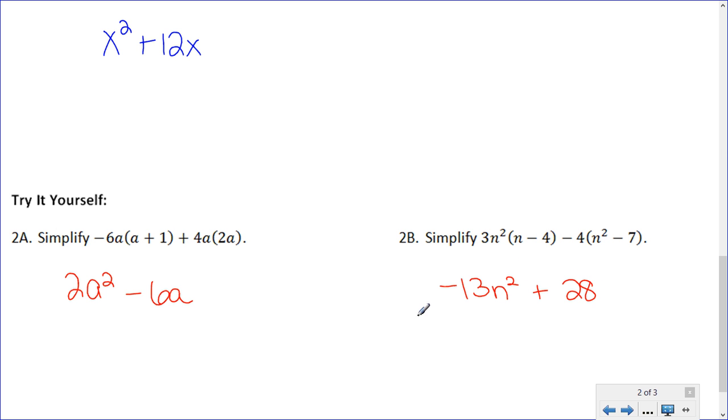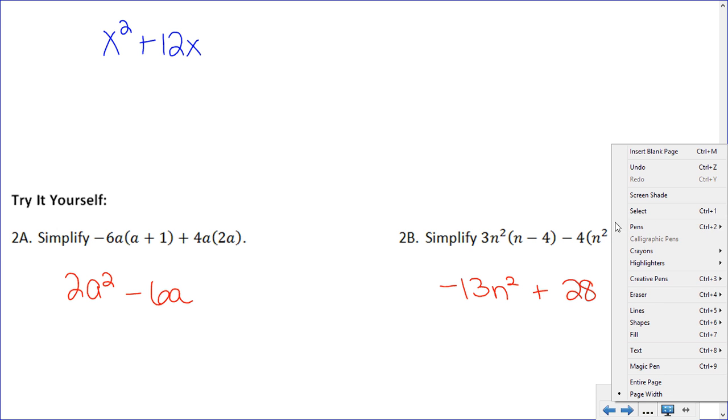And if you didn't get this, one thing I would look for, because this is a very common mistake, is that when you distributed this, you distributed it as a negative 4. So when you multiply here, you should get a positive because you have a minus and a minus. So those 2 negatives would give you a plus 28. So if you didn't get that, that would be a good place to look.